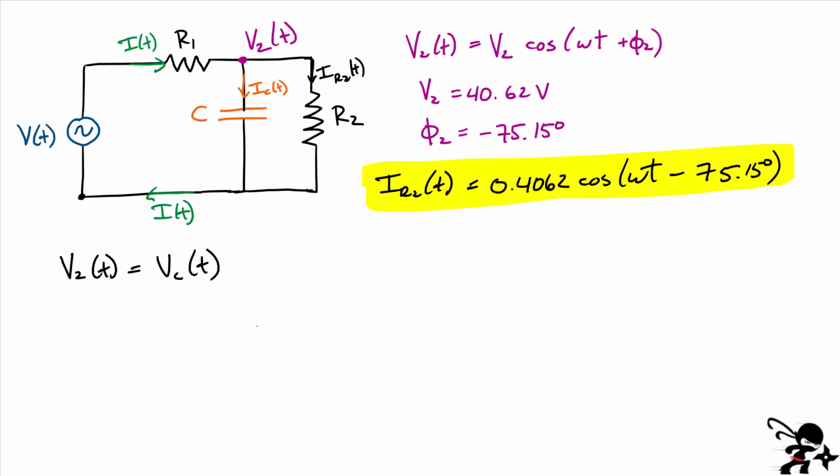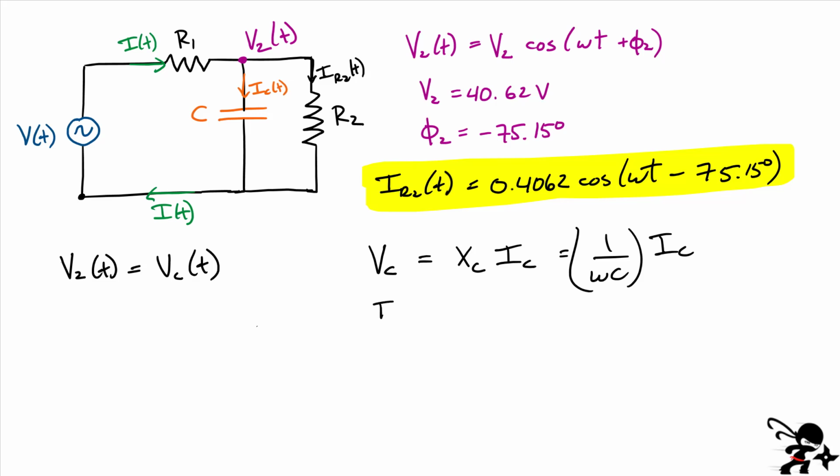You would write that the voltage across this capacitance, the amplitude, is related to the current by using the value of the reactance of that capacitor. The reactance of the capacitor is 1 over omega C. So I would write this as 1 over omega C multiplied by the magnitude of that current.